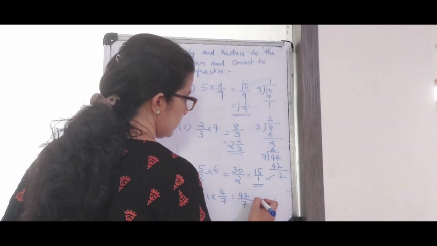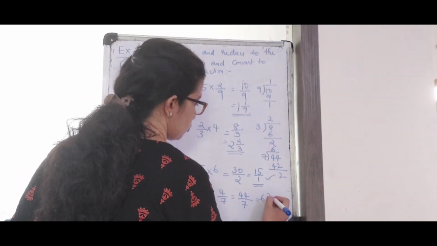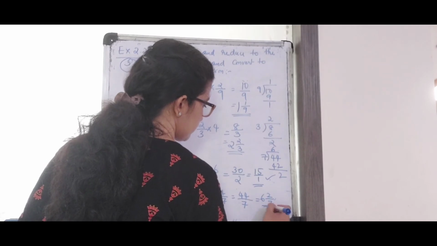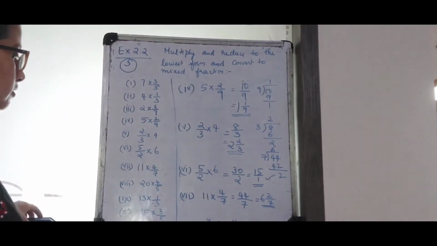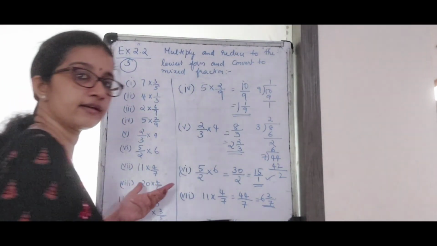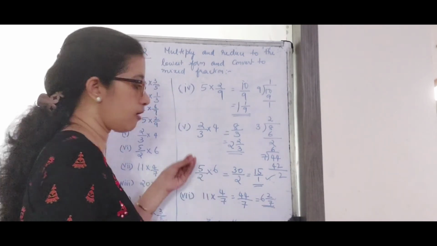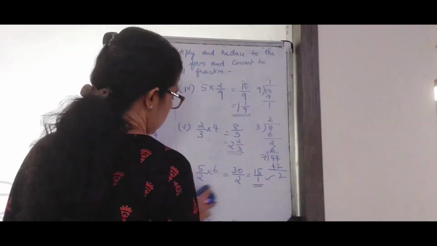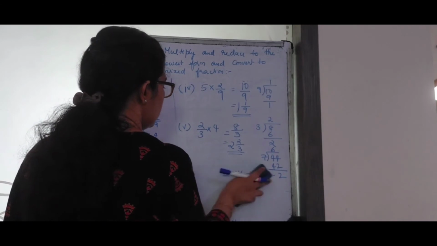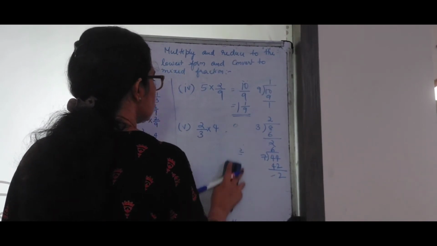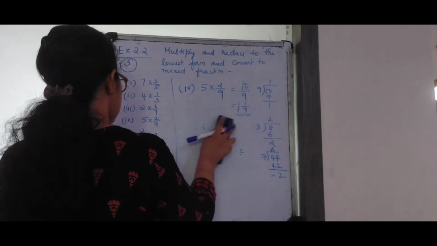So what is the answer? 6 2 by 7 is the answer. So it will just take a few seconds to solve such problems. You may get it for 1 mark or something.